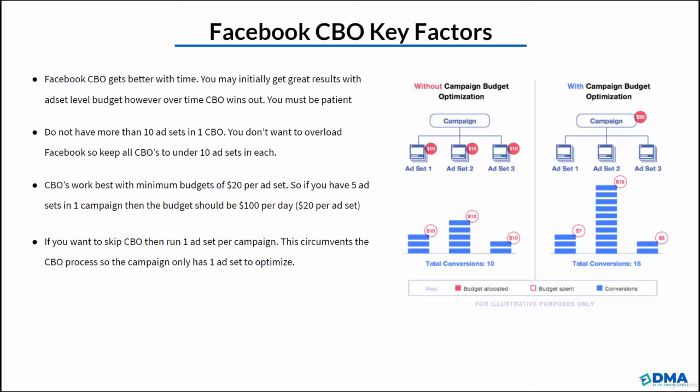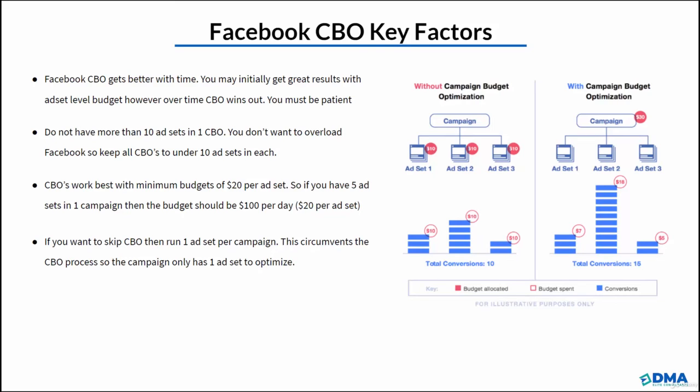Ultimately, if you want to control the ad set budget every single time, instead of letting Facebook be the one that's actually distributing the budget accordingly, then you can literally just set up one particular campaign and skip CBO. This allows you to control that campaign budget because you only have one ad set in that particular campaign, right? So this pretty much circumvents the CBO process.